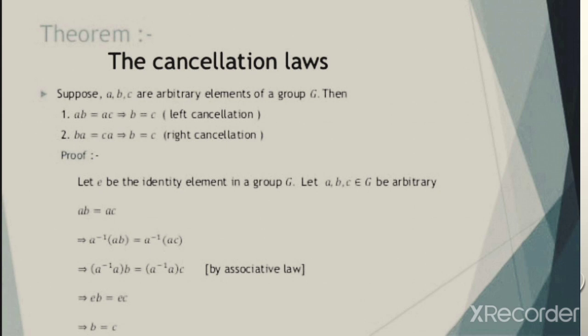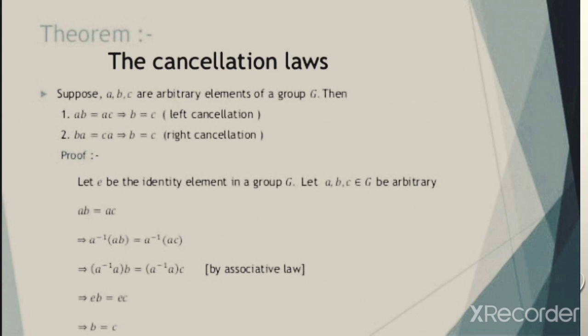Proof based on this. If we consider e the identity element in group G, and a, b, c belonging to G arbitrary, then first, if ab is equal to ac, so a inverse ab will be equal to a inverse ac.